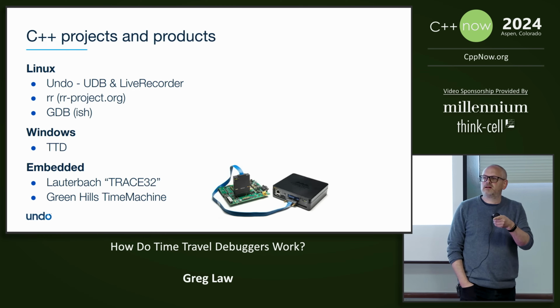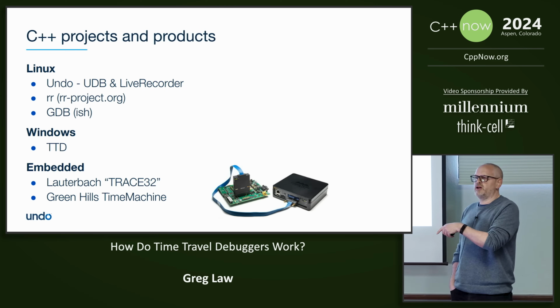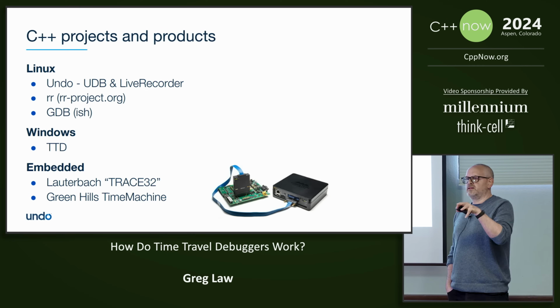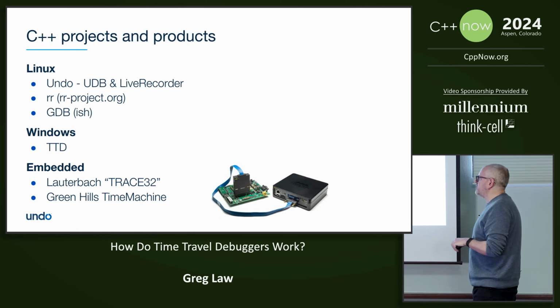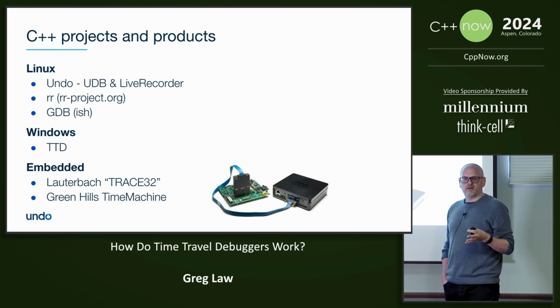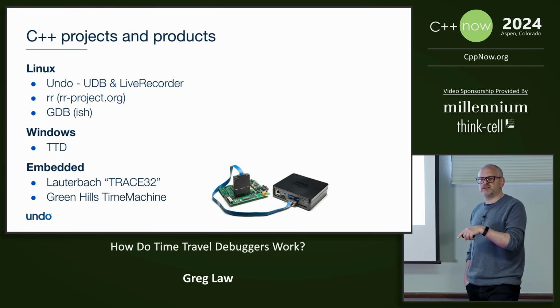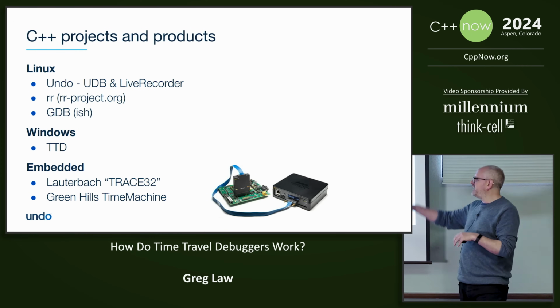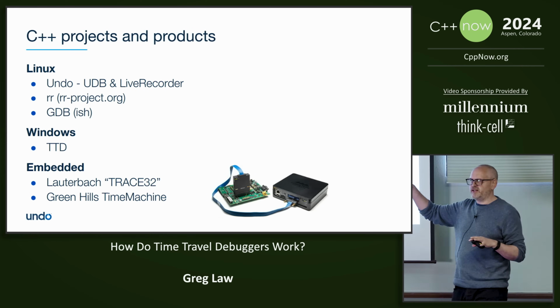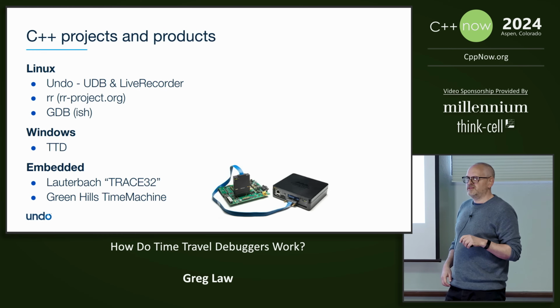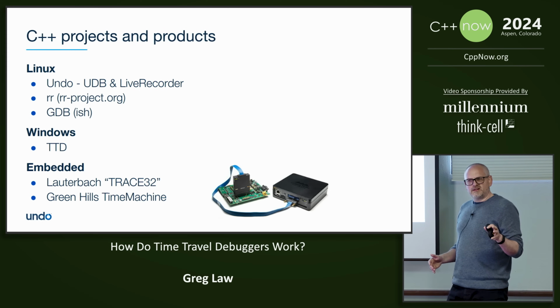So who here has used time travel debugging of any kind? Okay, about half. And so the other half, come on, at least try. Anyone tried and failed? I mean, you mentioned GDB, but we're not really counting GDB. Anyone tried one of these others and failed? No. See? I don't actually debug that much.